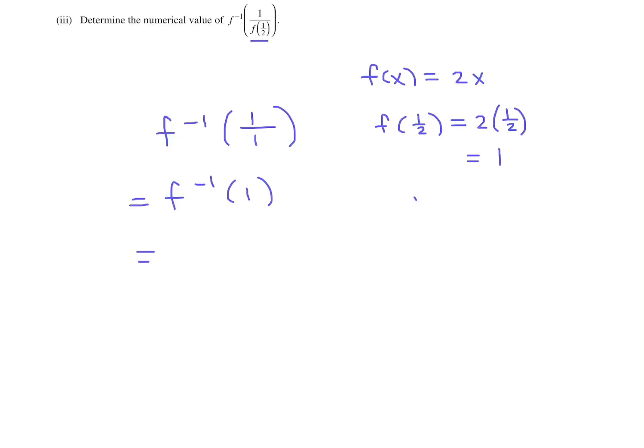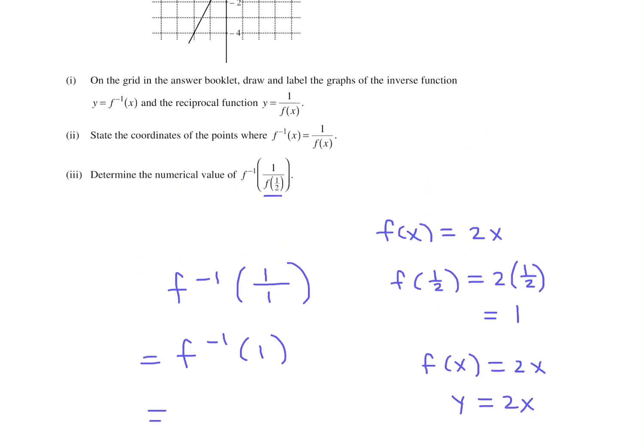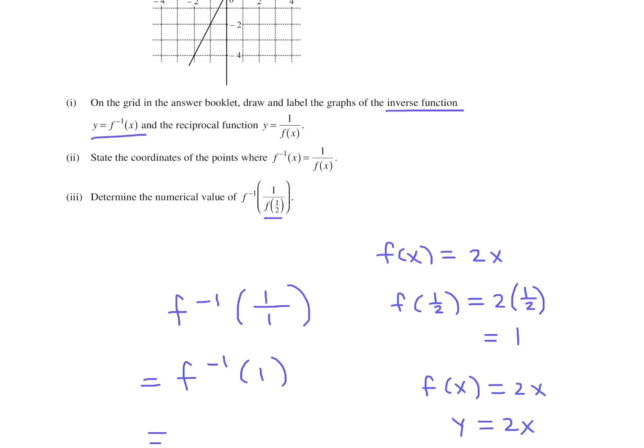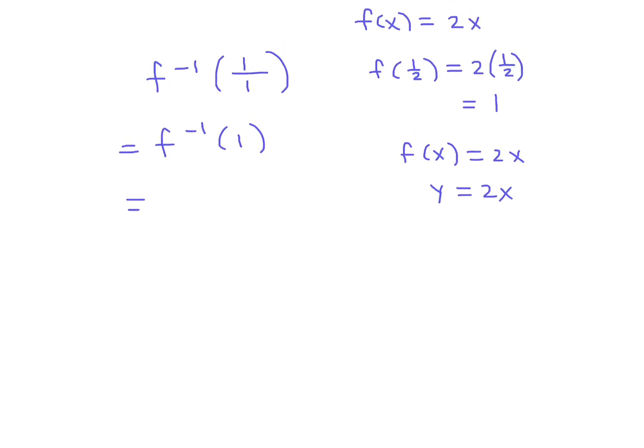Now what is f^-1? Well, if you remember, f(x) is equal to 2x. That was given. That means y is equal to 2x. To get f^-1, which is the inverse, if you remember they use that word inverse function, we have to reverse x and y, and by this point you are a pro.